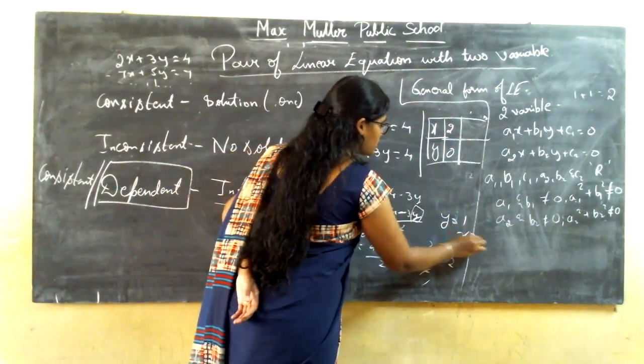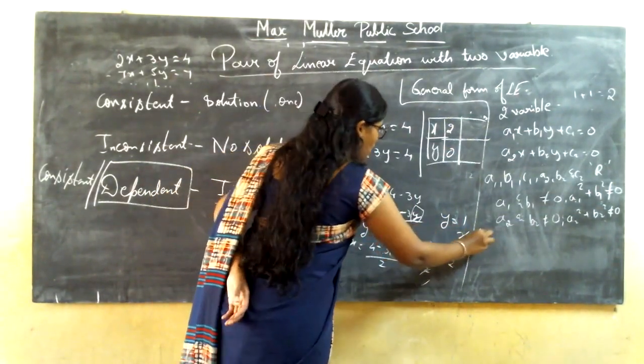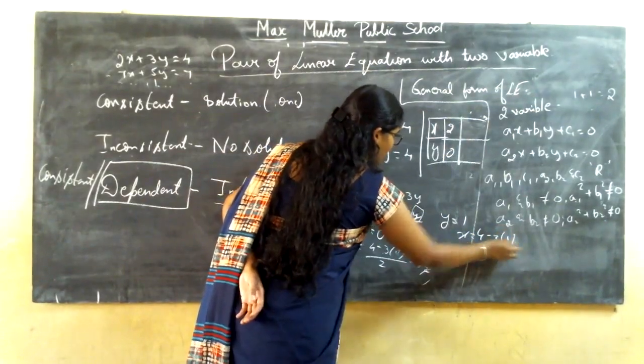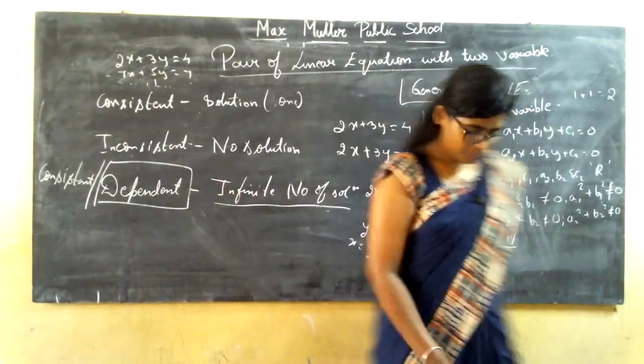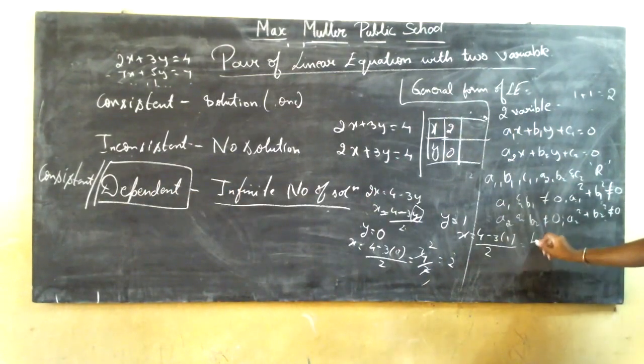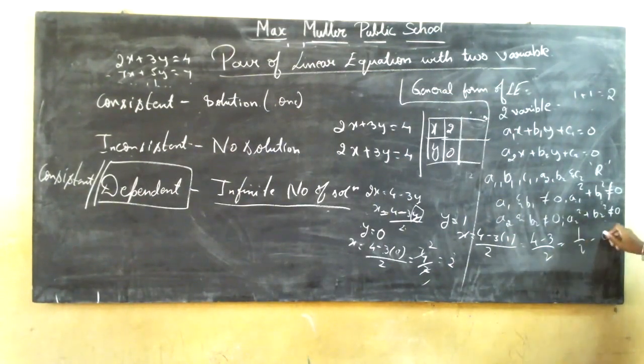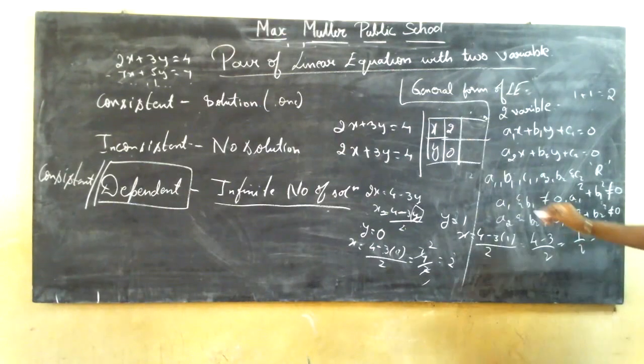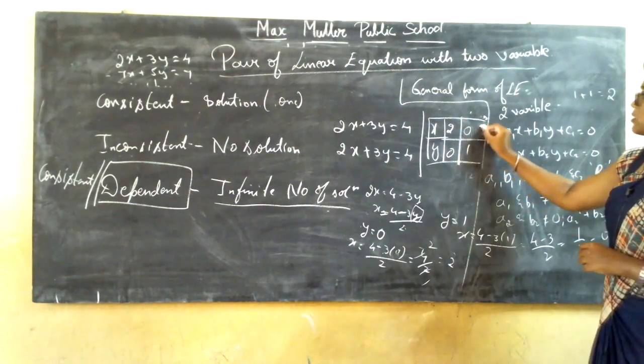If you substitute it in this equation, you get 4 minus 3 into 1 divided by 2. So 4 minus 3 ones are 3, 4 minus 3 is 1, divided by 2, which is 0.5. So if the y value is 1, the x value is 0.5.